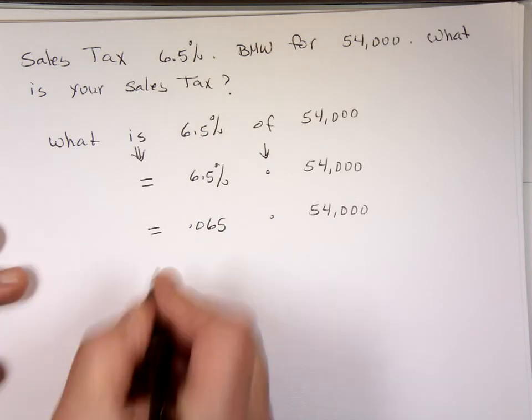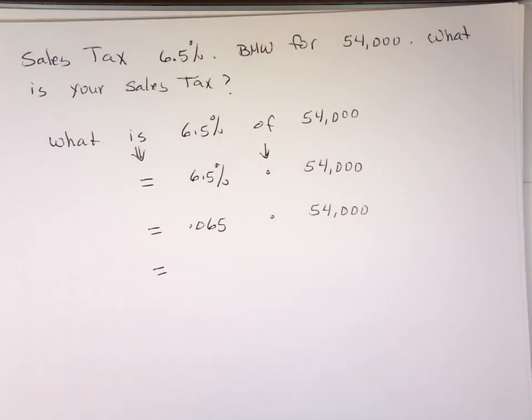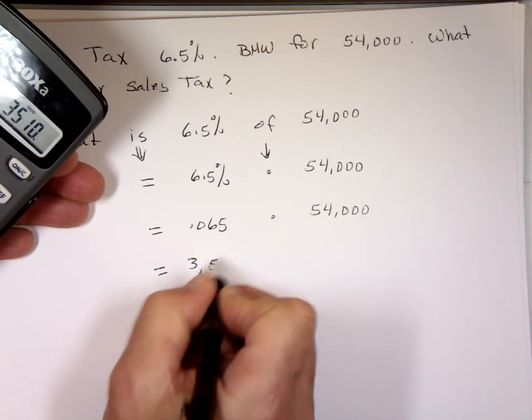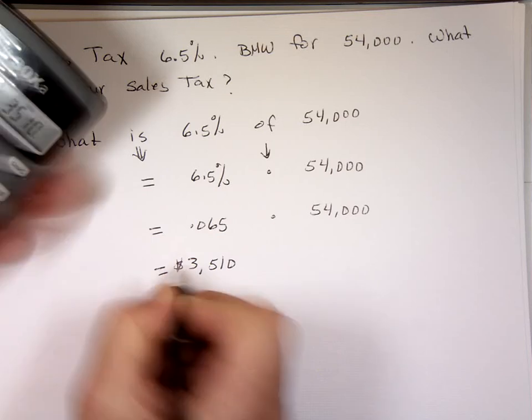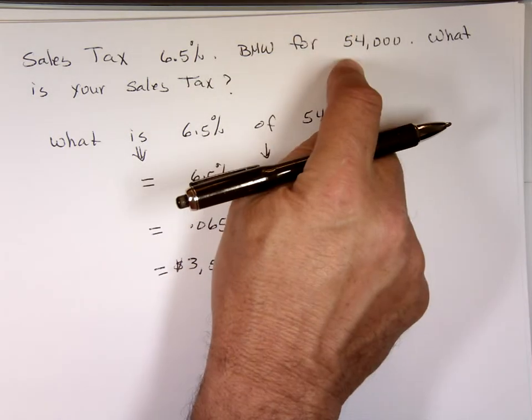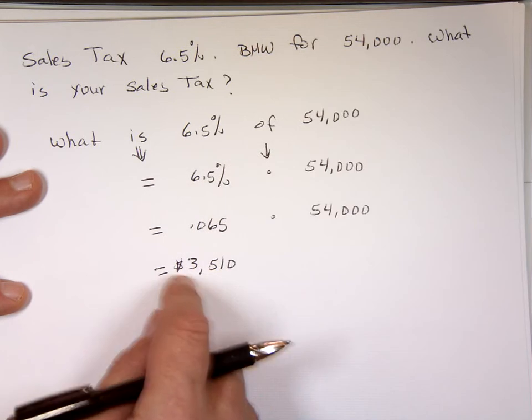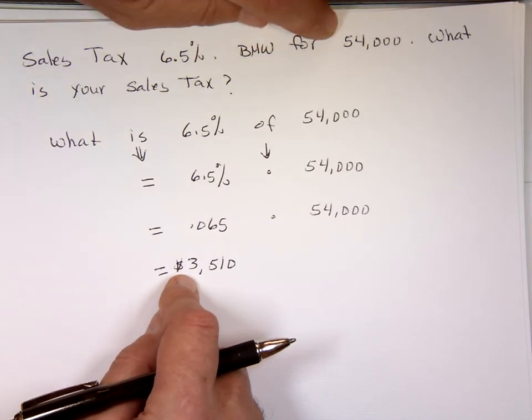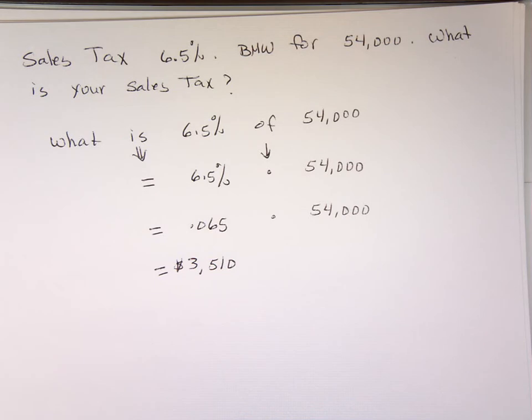Maybe the next example I'll do it that way. Your sales tax on that car is $3,510. So in addition to saying I bought the car for $54,000, you still need to give the registry of motor vehicles $3,500 more. So that car now is up to about $57,500.